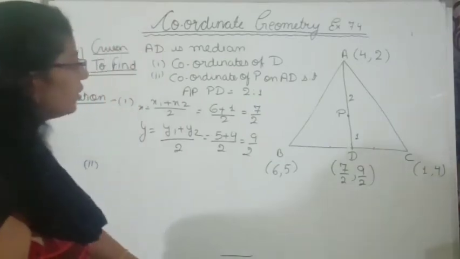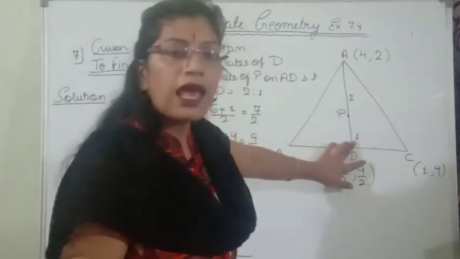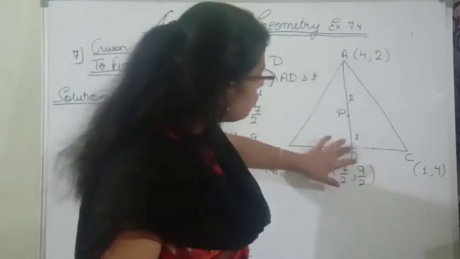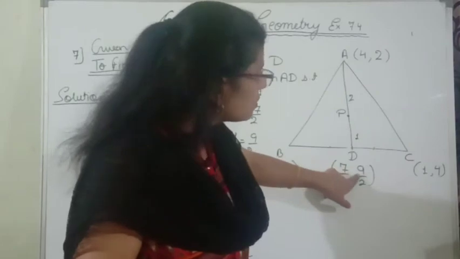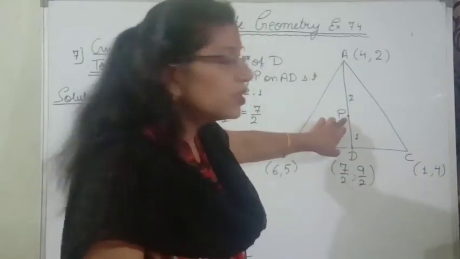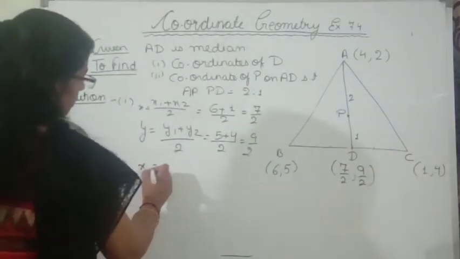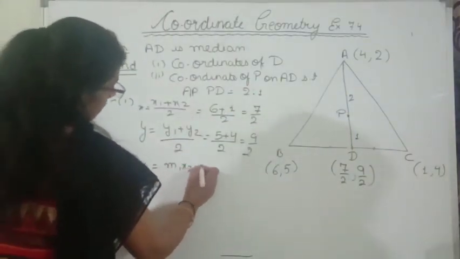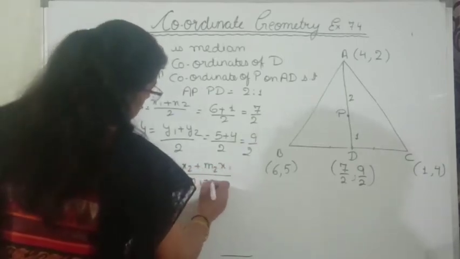Now how will you find the coordinate? Very easy. This is M1, this is M2 and take this line AD. This is x1, this is y1, this is x2, this is y2. Use the section formula for finding the coordinate of point P. The x coordinate is M1 x2 plus M2 x1 divided by M1 plus M2.